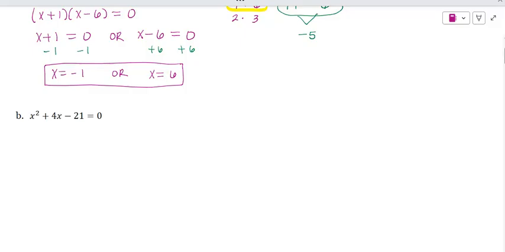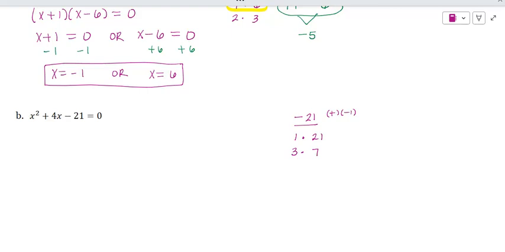I'm going to start by looking at the last term, which is the constant. I want to find two numbers that will multiply together to give me a negative 21. One of those numbers has to be positive and one of those numbers has to be negative. The options of numbers that will multiply together to give me 21 are 1 times 21 or 3 times 7.